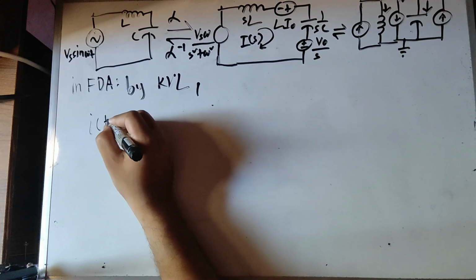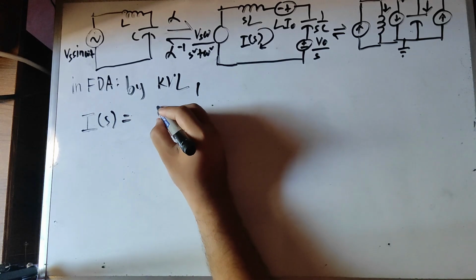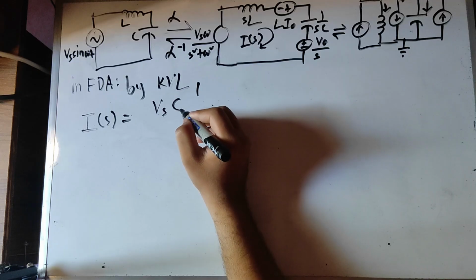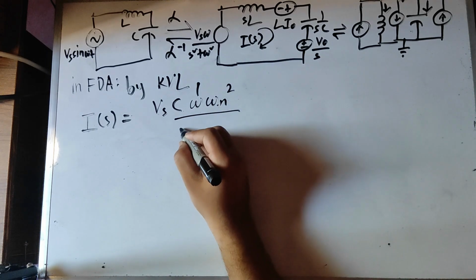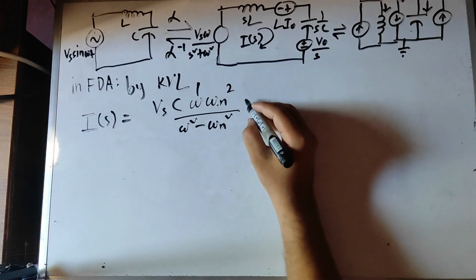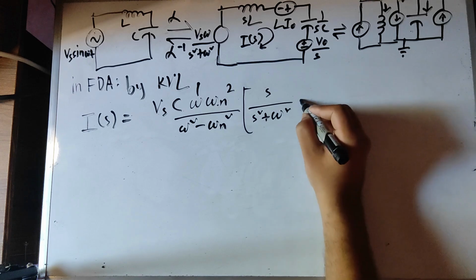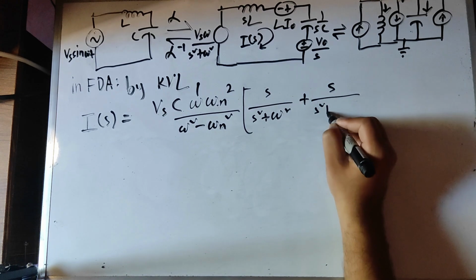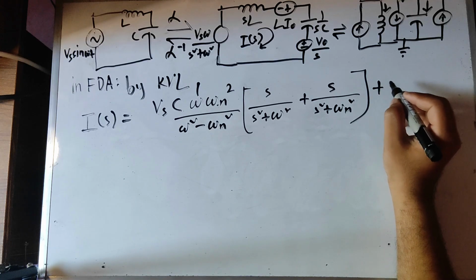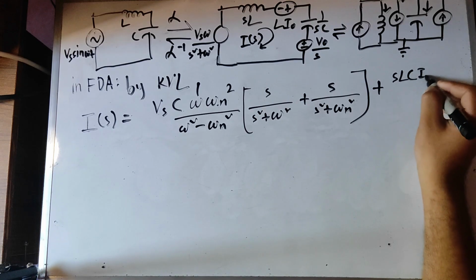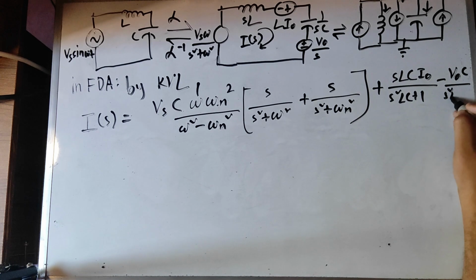So the current response is Vs C omega n squared / (omega squared minus omega n squared) times [S/(S squared + omega squared) + S/(S squared + omega n squared)], along with the other two initial-condition parts: SLC IO / (S square LC + 1) minus VO C / (S square LC + 1).